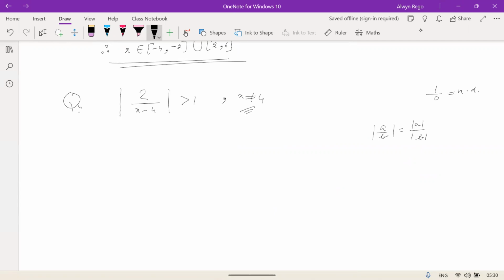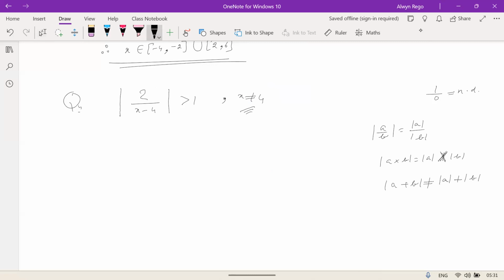the absolute value of b. Some of the properties of modulus: the absolute value of a into b is also equal to the absolute value of a times the absolute value of b. But sadly, the absolute value of a plus b is not equal to the absolute value of a plus the absolute value of b.